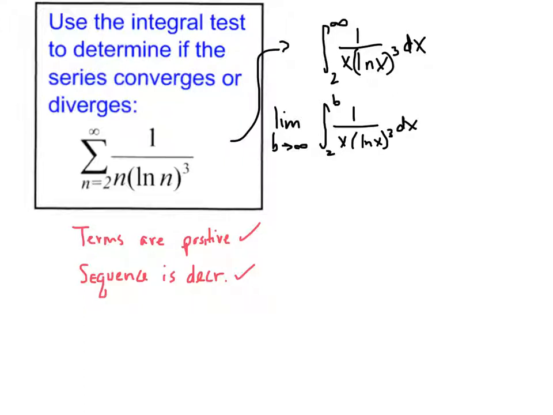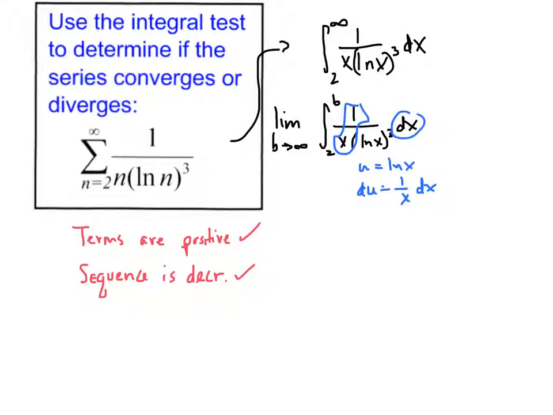And do a little work here off to the side. If I think about a substitution where u is natural log of x, so du is 1 over x dx, you'll see I can take out the 1 over x dx.